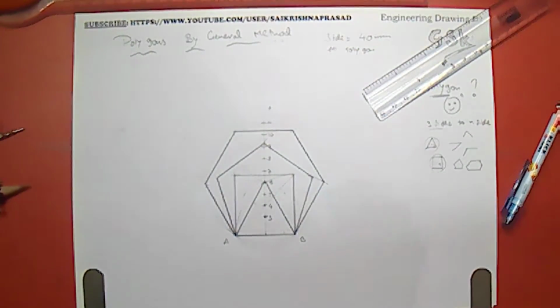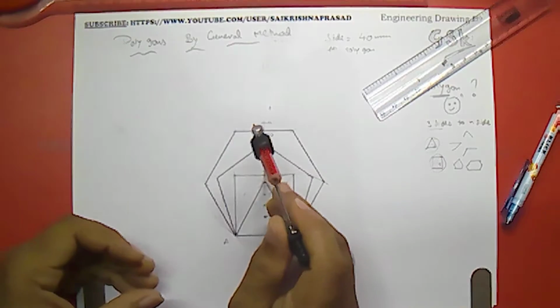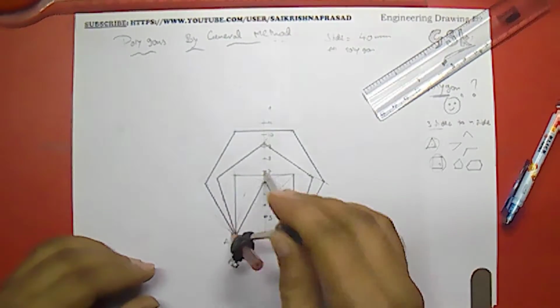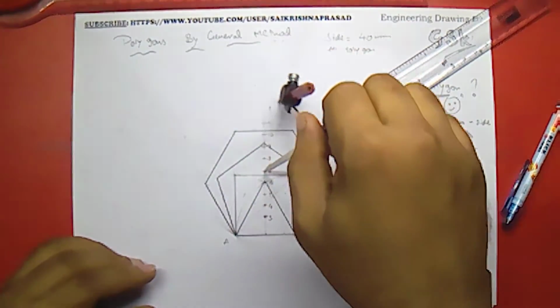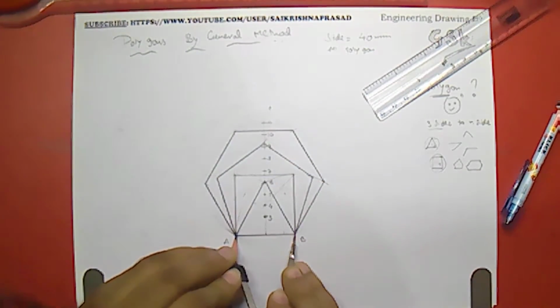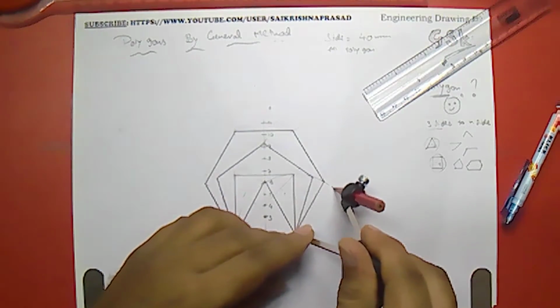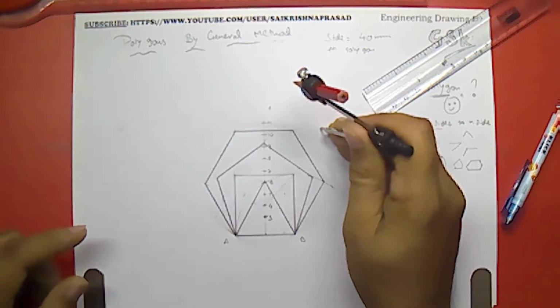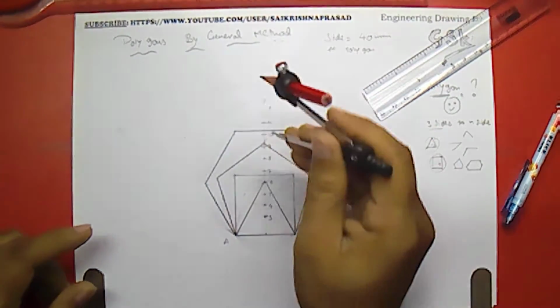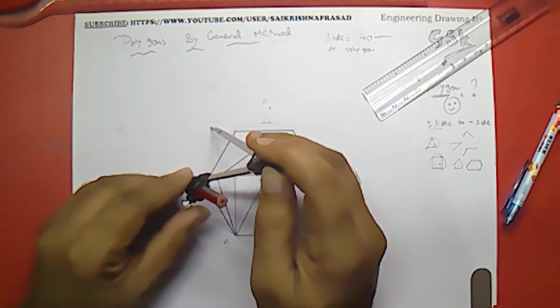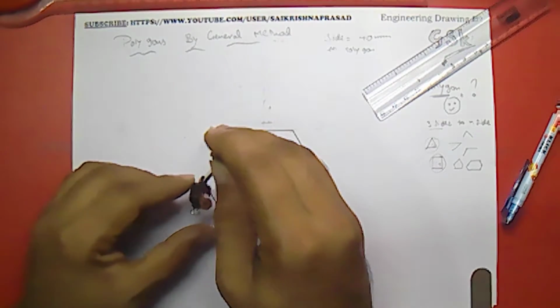Now in a similar manner you can go for the heptagon also, that is 7-sided. Now take 7A, draw the circle, same, measure AB and arcs. 1, 2, 3 would be touching this, 4, 5.